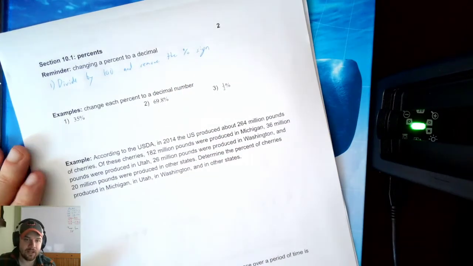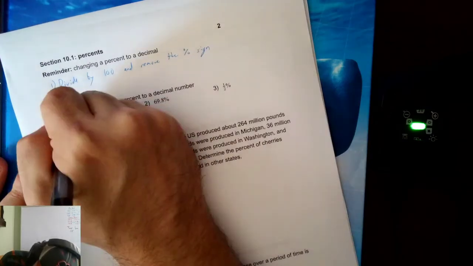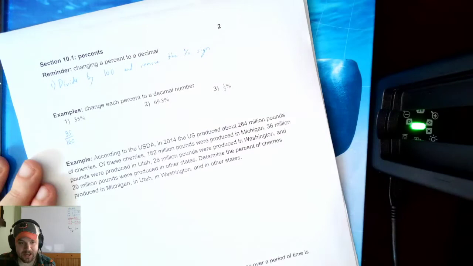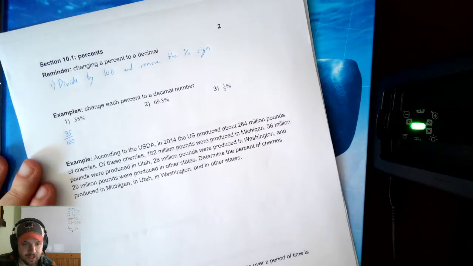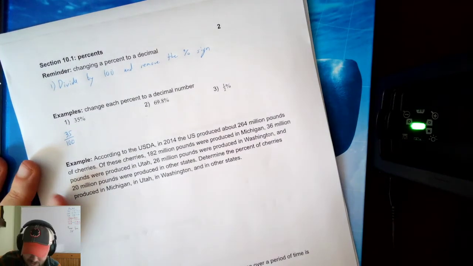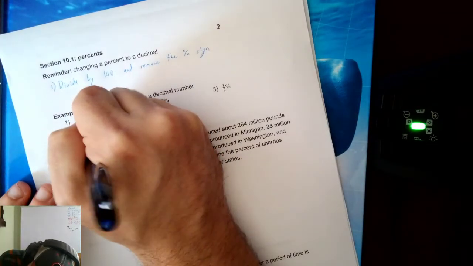That's the only step. You just got to take the percent sign off and divide by 100. So let's see. 35 over 100. Wait, I just turned it into a fraction, didn't I? Turning percents into fractions is really easy. You just got to put them over 100, right? That's the whole definition of percents. Well, when I divide 35 by 100, I get 0.35.